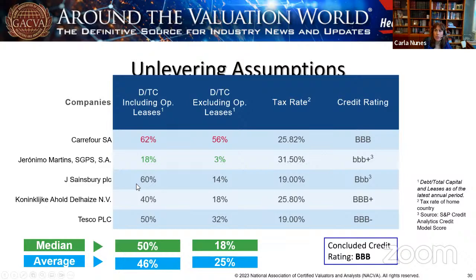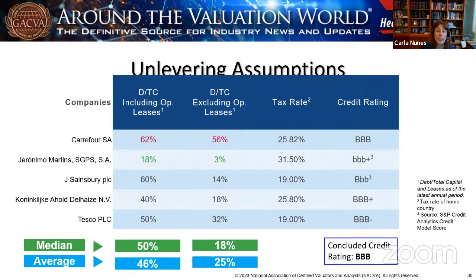So it's very significant, and maybe that's why their market cap was also smaller compared to the other comparable companies, even though they had a similar level of sales. But if you exclude operating leases, it's only 14%. So it's very significant in terms of leverage, right?